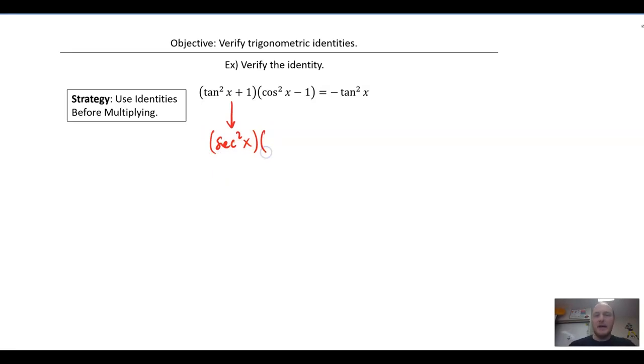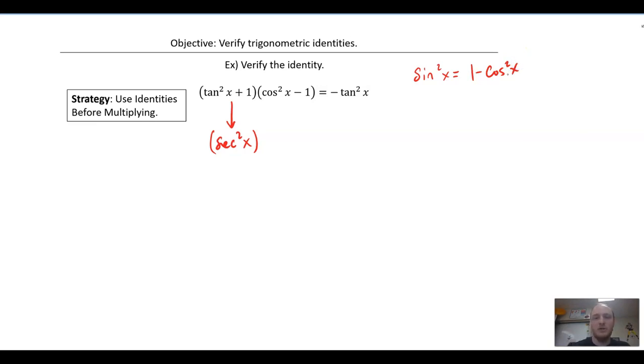All right, and cosine squared x minus 1. This one here, I'm gonna go ahead and kind of pull something funny on you. I have cosine squared x minus 1. Now, if I wanted to use the Pythagorean identity, sine squared x is equal to 1 minus cosine squared x.